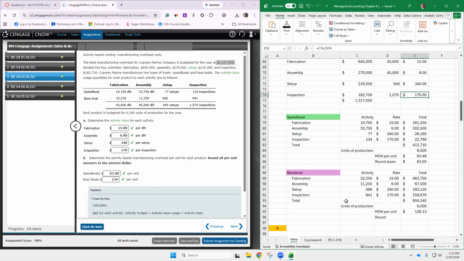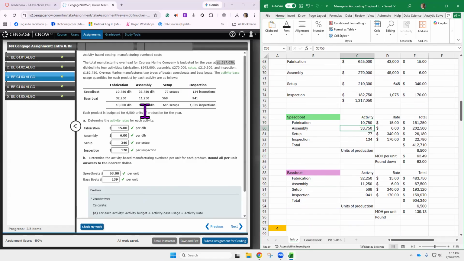And so then we have to make a table for the speedboat and a table for the bass boat. We need to list all 4 of the activities and the amount of each. So speedboat has 10,750 direct labor hours.